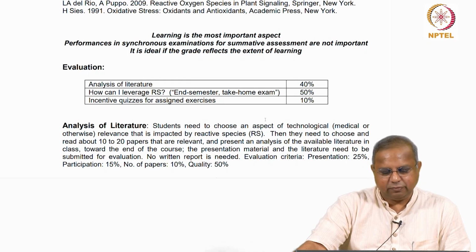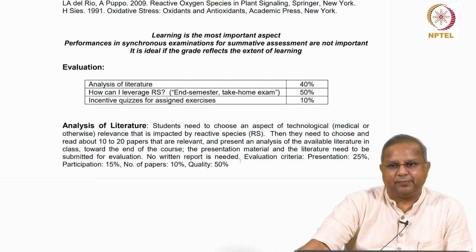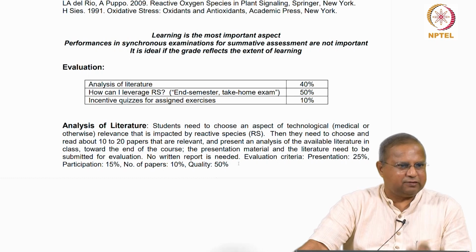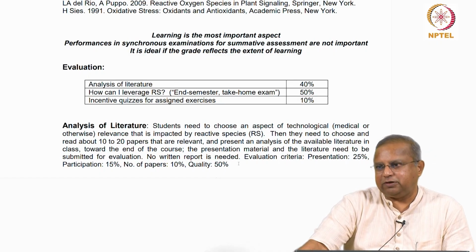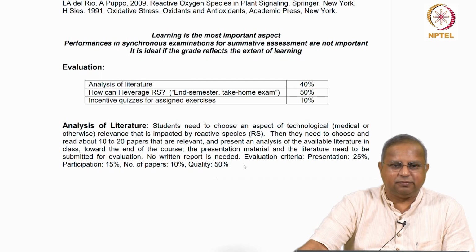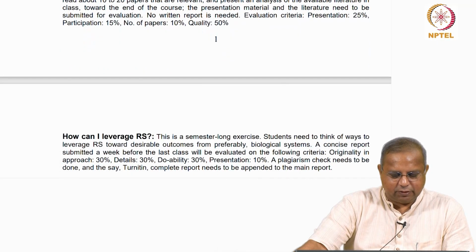Any questions on this? It is a straightforward literature survey, and only a presentation. There is no report that is needed, but you need to share your papers with me. Okay, let us move forward.